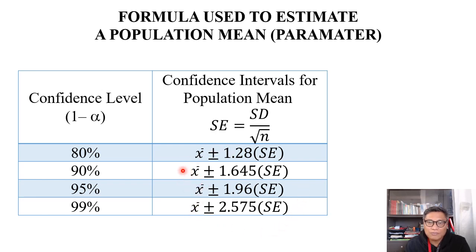This is the sample mean plus and minus the different critical values corresponding to the confidence level that you choose times the standard error of the mean, which is given by the ratio of the standard deviation to the square root of your sample size, provided, class, that your n or sample size is at least 30. We can solve this directly if you want to, or we can solve it part by part so that you can have a better way of looking into how we solve for the confidence interval.